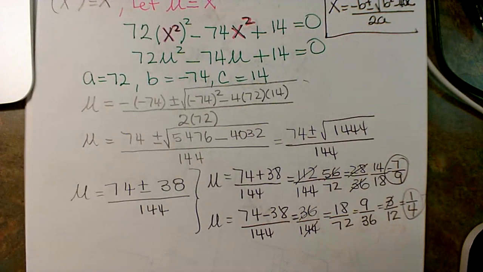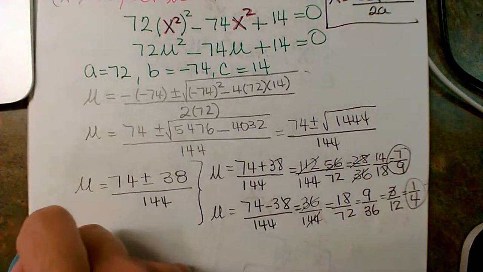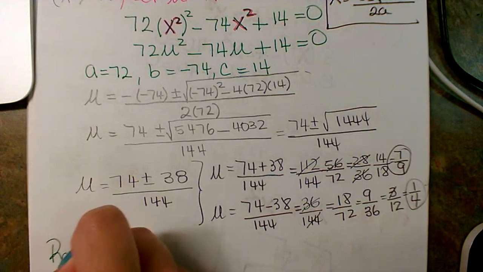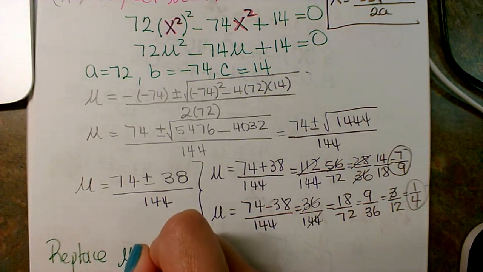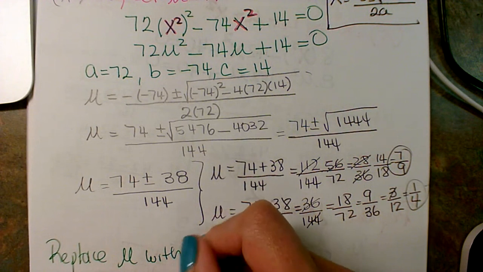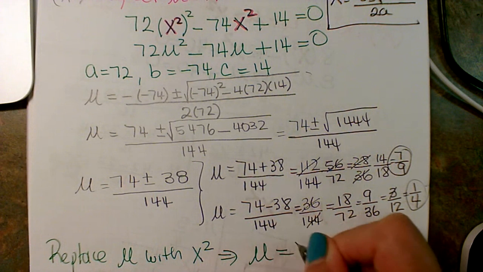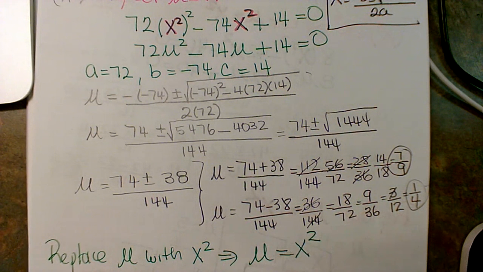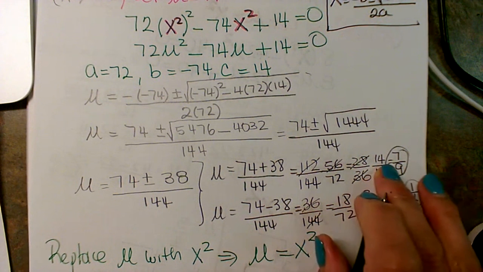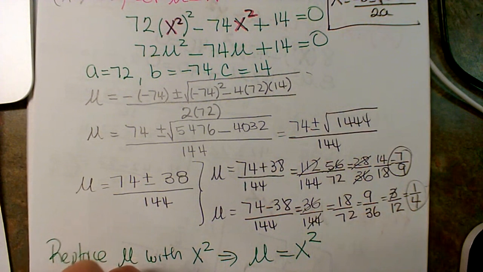So let's take that and we need to replace. We have that u is equal to x squared. Okay, so let's do the first one. 7 over 9.